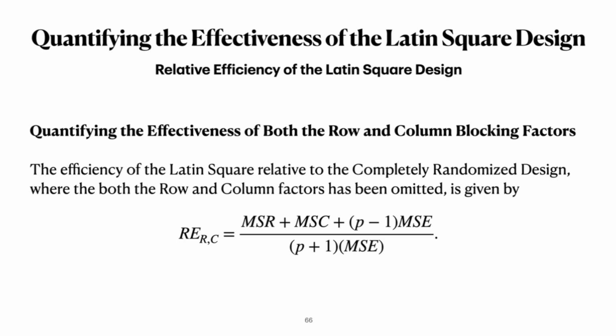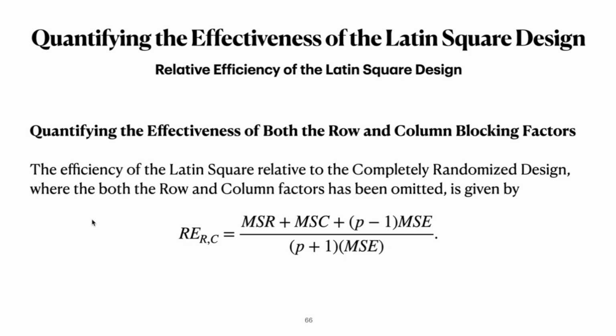If we had no blocking factors, then we could conceive of doing the experiment using a completely randomized design. So if that were the case, what would be the efficiency of the Latin square design compared to that completely randomized design? That is what we're looking at here.